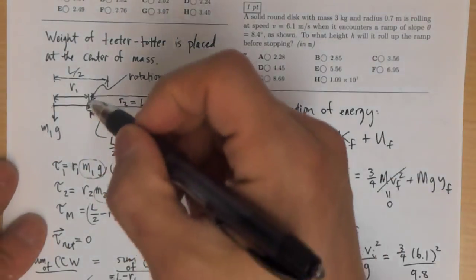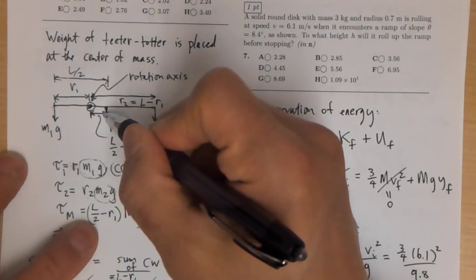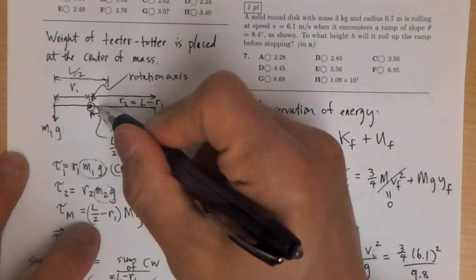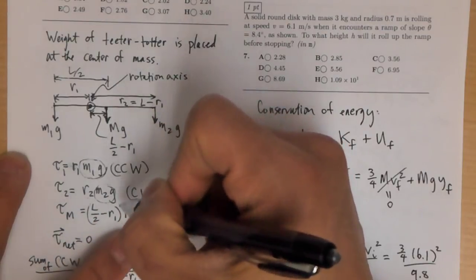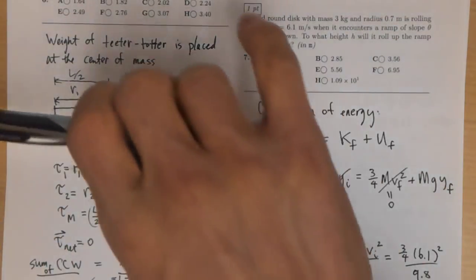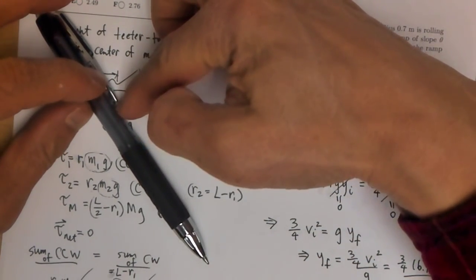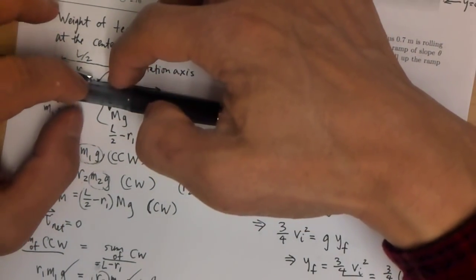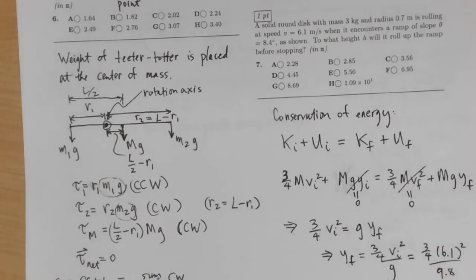And I'm calculating the torque, so it's the lever arm distance, L over 2 minus R1, times the force, which is capital M times G. And this is also going clockwise because here's the rotation point, and it's trying to make the object rotate clockwise.